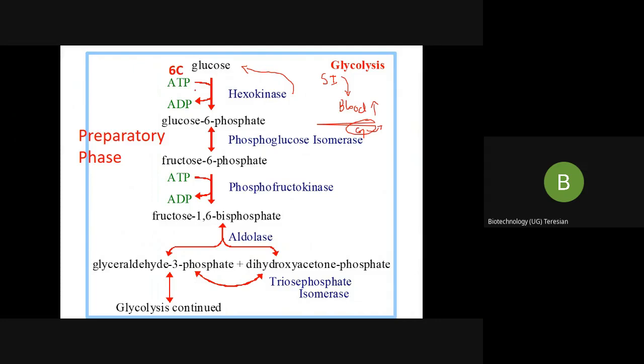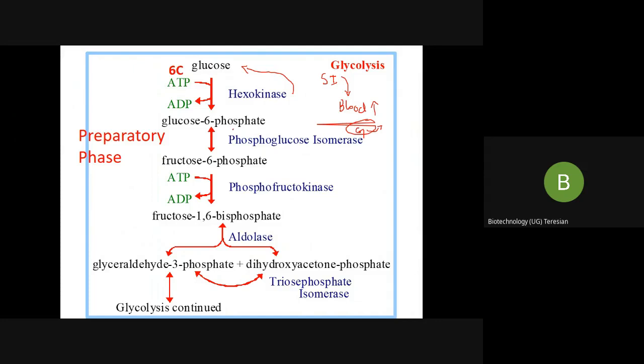It added the phosphate group from the ATP. So your ATP gets reduced to ADP. So now you get the product glucose 6 phosphate. This glucose 6 phosphate has a configuration which is different from glucose, so it cannot escape from the cell. So it is trapped inside the cell.